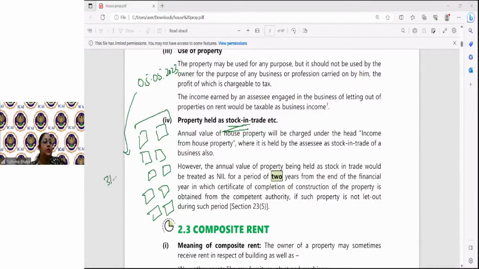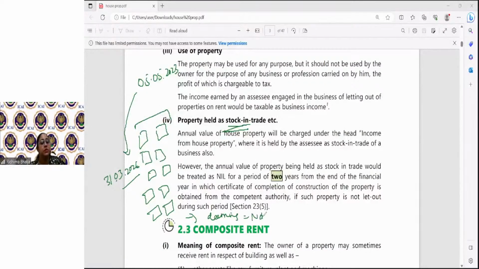So that means by 31st March 2026, if I am not able to sell these stock, as in these flats, then I have to start giving my income on notional basis, that is deeming provisions.